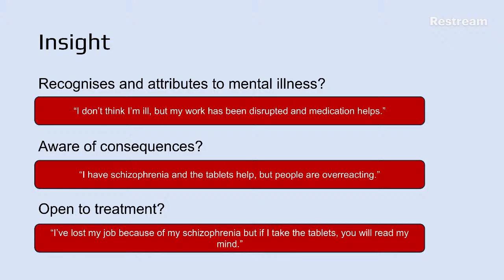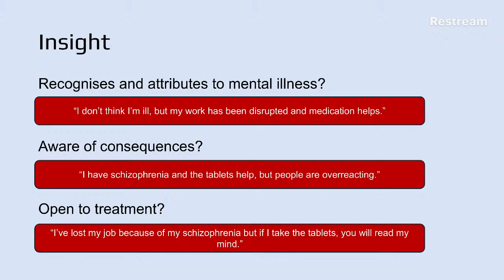And I've put in red these examples of patients having two but not one of the components. So for instance, the first example is a patient who doesn't recognize that they have a mental illness, but is aware of the consequences and is open to treatment. So, I don't think I'm ill, but my work has been disrupted and medication helps. The next example is someone who recognizes they have a mental illness, doesn't fully understand the consequences of it, but is open to treatment.